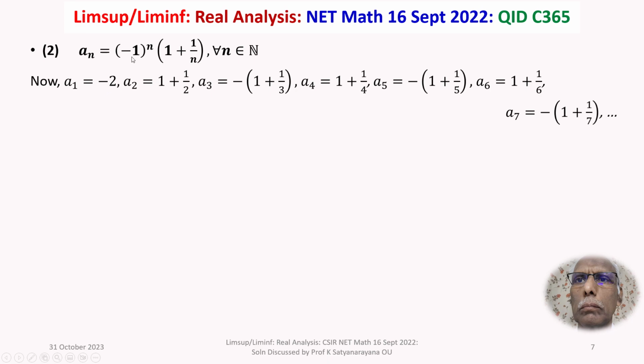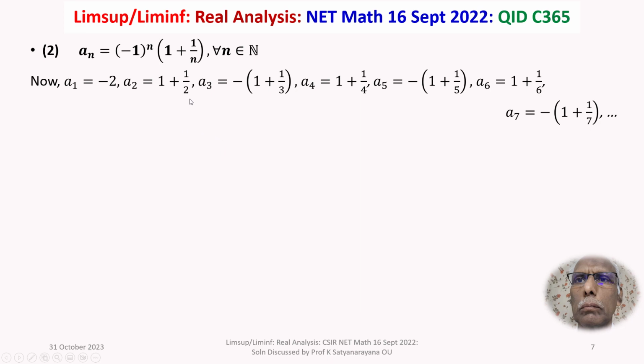A2, n equal to 2, (-1) to the power of 2 is plus 1, so 1 plus 1 by 2. A3 will be negative (1 + 1/3). A4 will be positive (1 + 1/4). A5 will be negative (1 + 1/5). A6 is equal to 1 + 1/6. A7 is equal to -(1 + 1/7). These are the terms, etc.